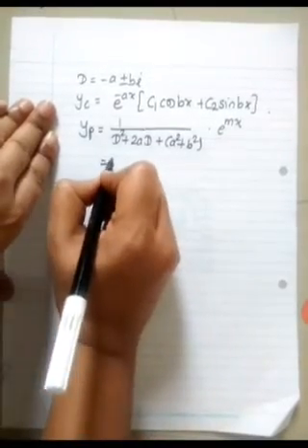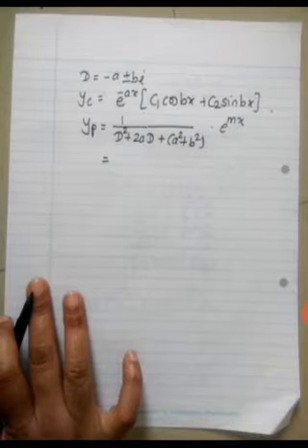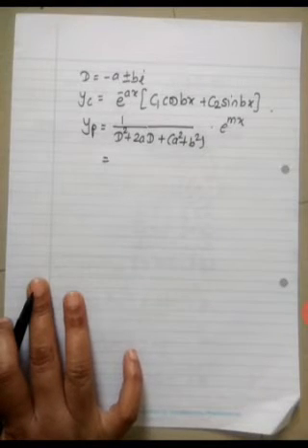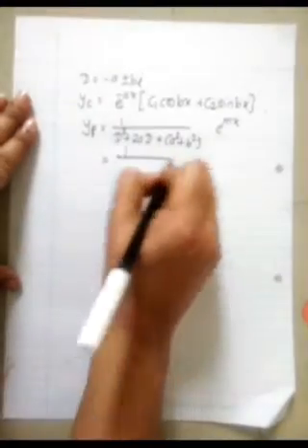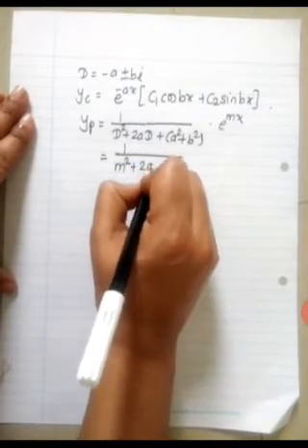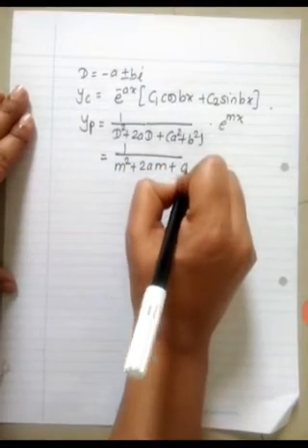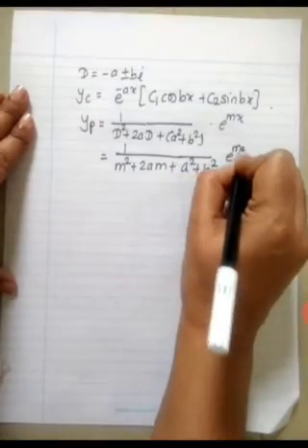That is equal to, that is E's case. What does E's case say? Wherever there is d in the denominator, replace it by m in this case. So we are replacing d by m. So m square plus 2am plus a square plus b square into e raised to mx.